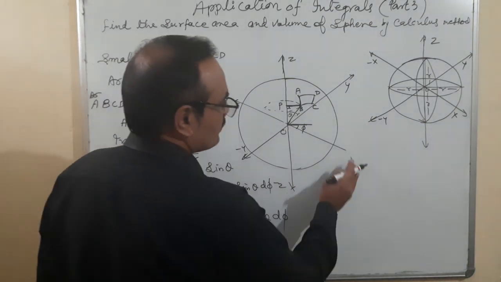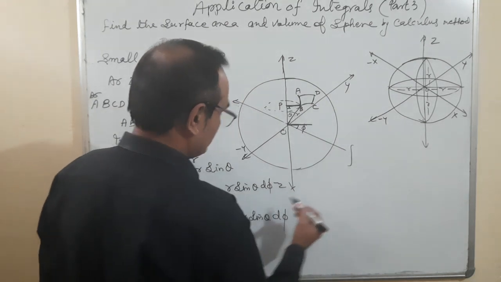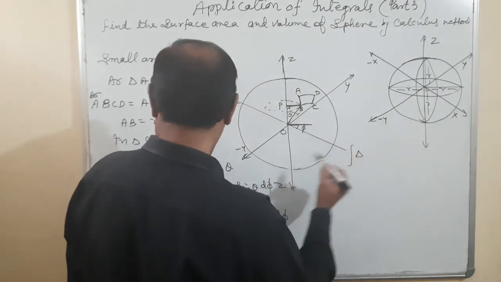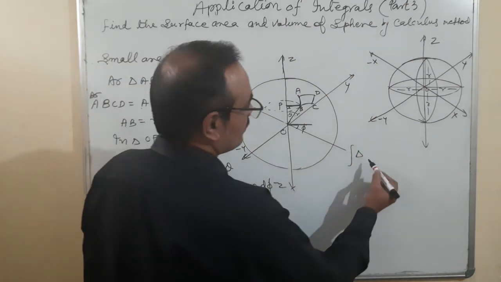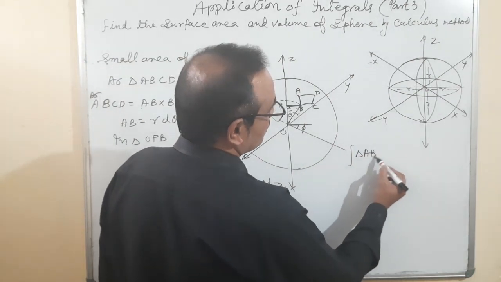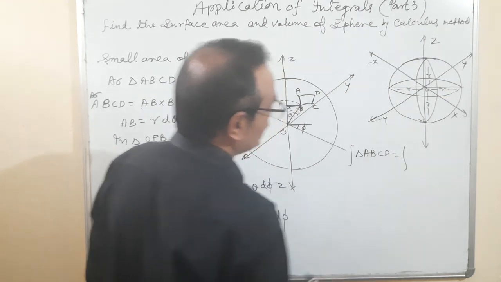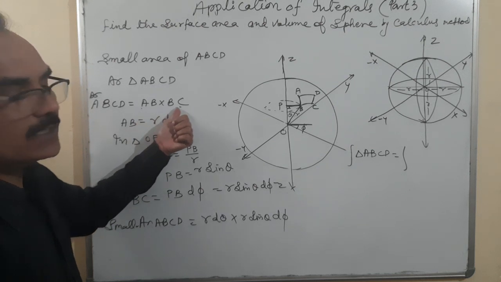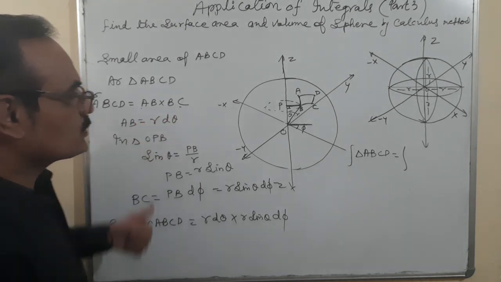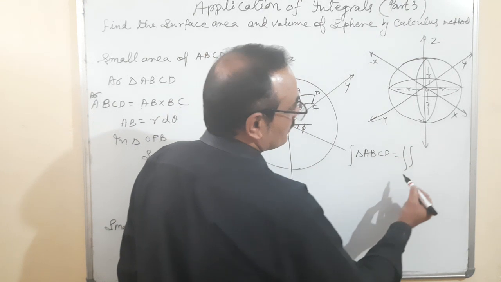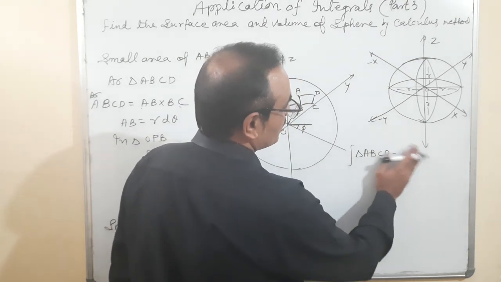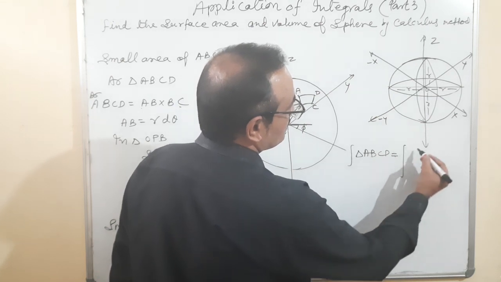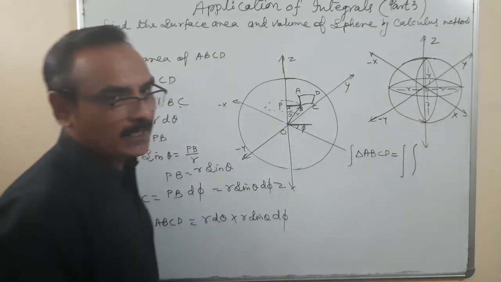So the small area delta ABCD is equal to integration, one integration of AB, second integration of BC. There are two integrations because there are two terms here. Two dimensions, and we are going to integrate in both directions. So two integrations are required.